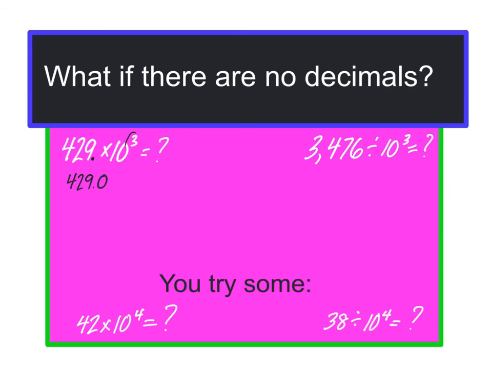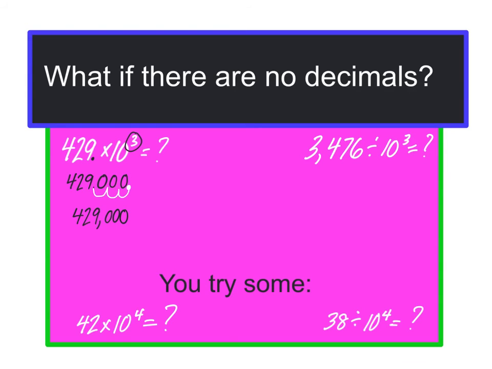How many hops? My exponent is 3, so I'm going 3 to the right. So I will go 1, 2, 3, draw in my decimal point. I will need to fill in those spots with zeros to hold the place value. I rewrite it. And then we would read that 429,000.